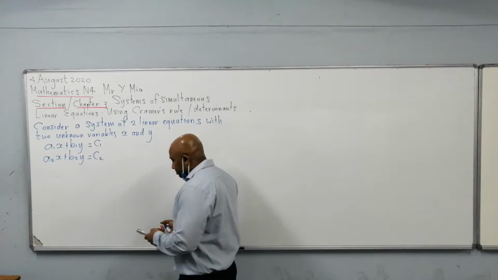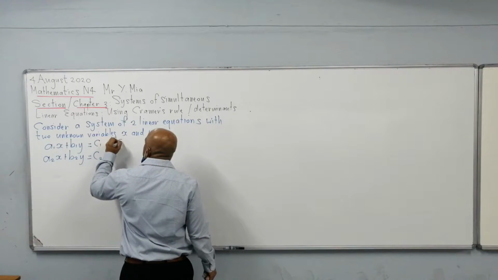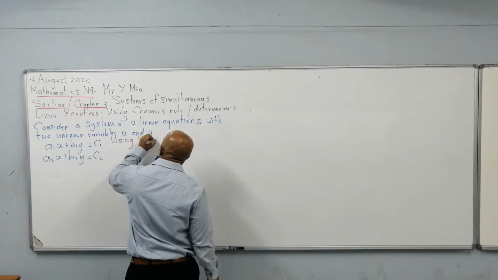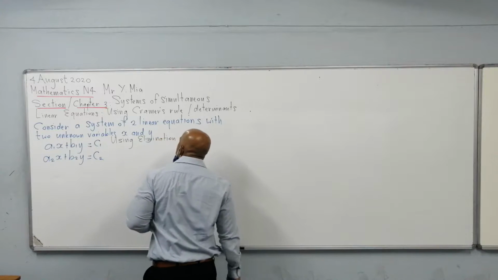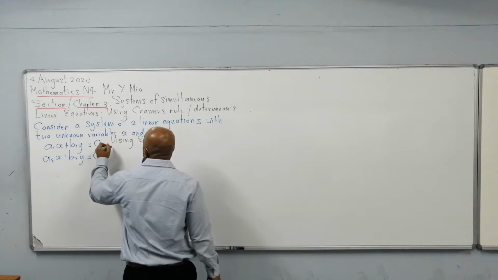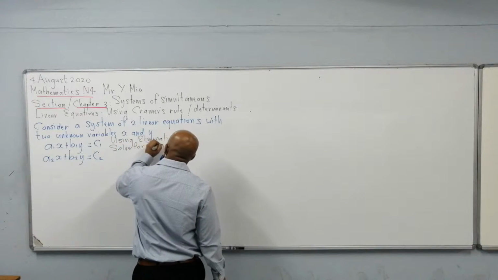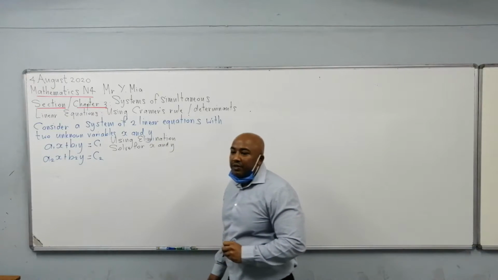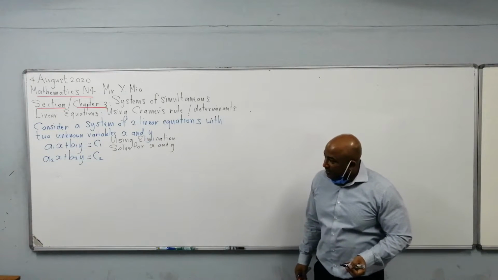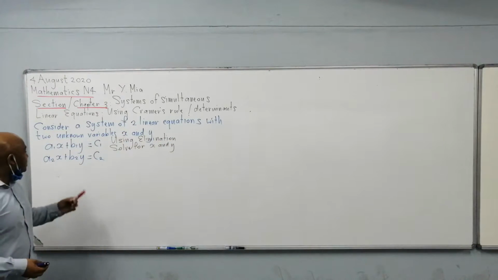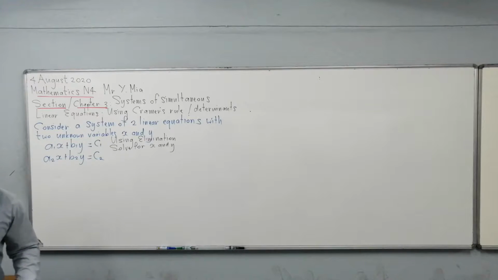So now, using elimination, solve for x and y. So how am I going to do that? Okay. So if I want to solve for x, then I need to eliminate y from both equations. Right.